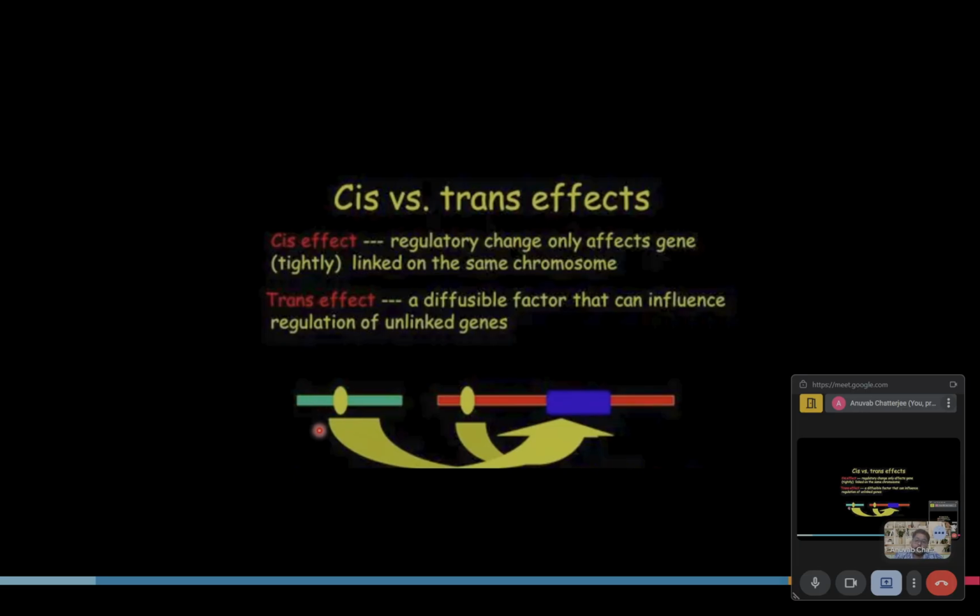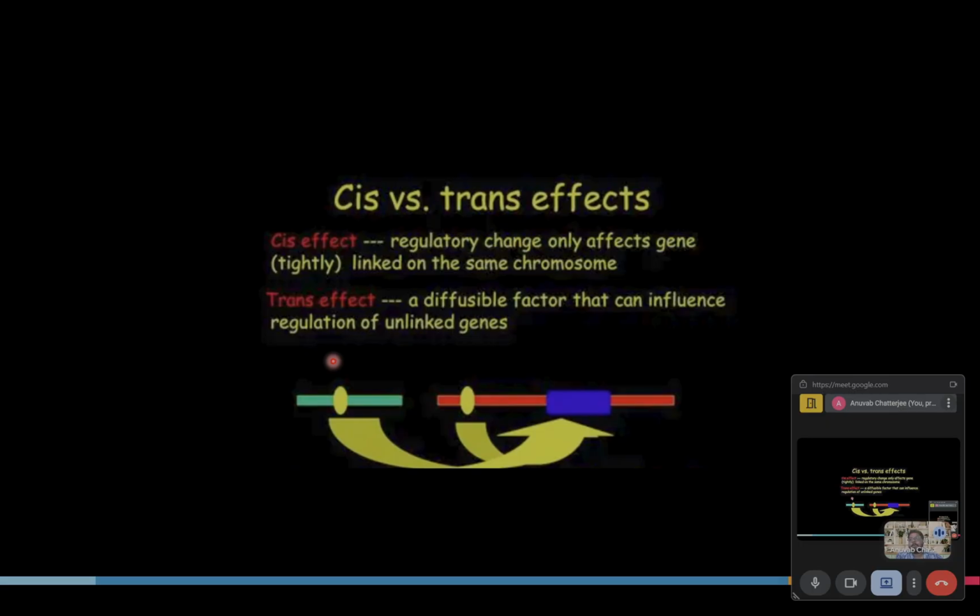So examples include the actual transcription factors. These are proteins which are not present near our gene, could be somewhere completely different and come in and help in regulation. It could also be different microRNAs which inhibit the translation or help in degradation of the mRNA and thus help in regulating the expression of the gene.